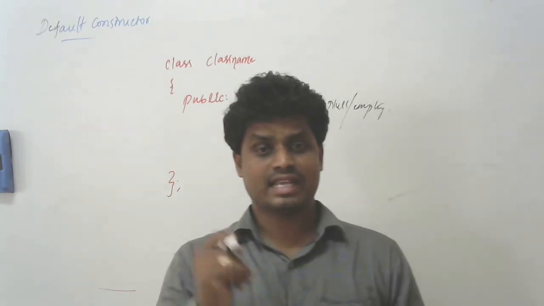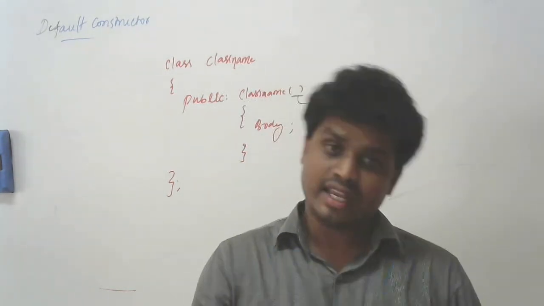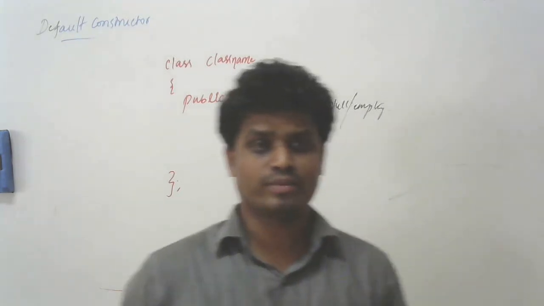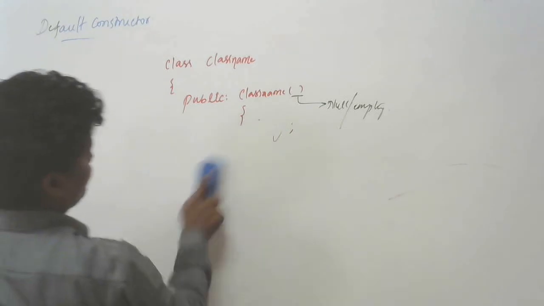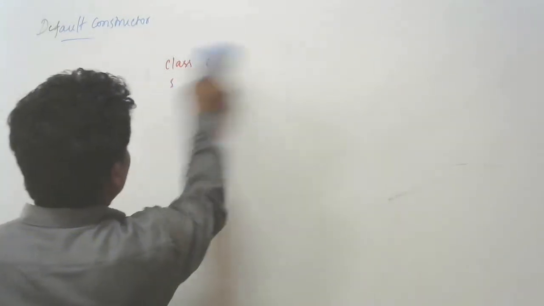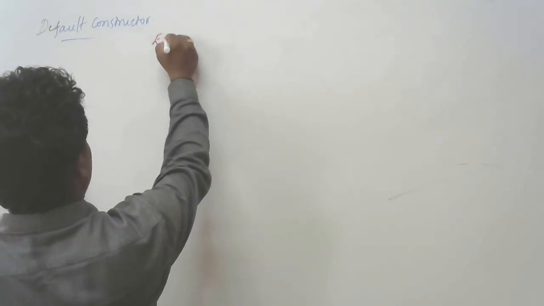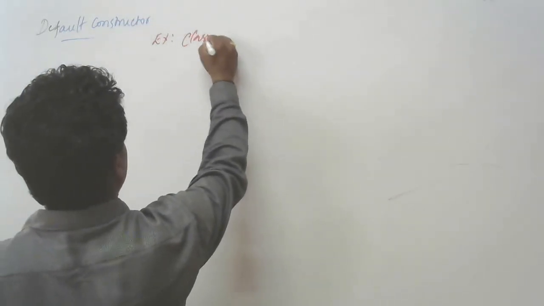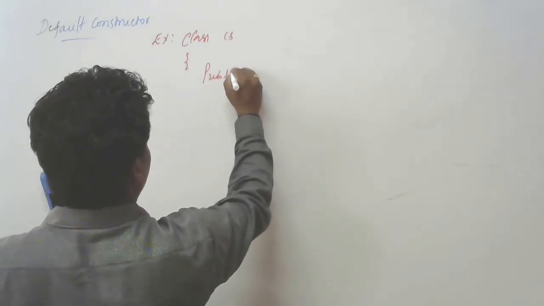Please write the same program I have given for the constructor example, or in a simpler manner. If you want me to write one default constructor example, we'll see that too. I will take a programming example: class CS, open the bracket, public.